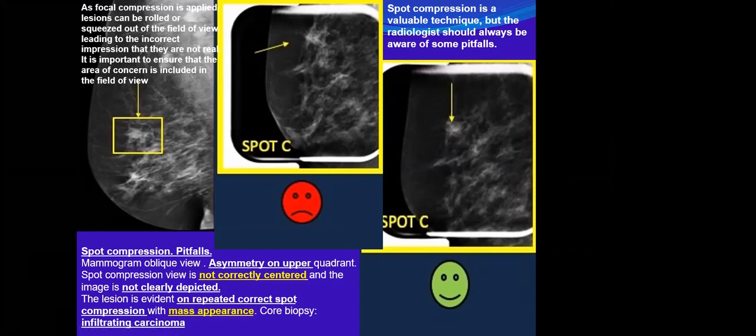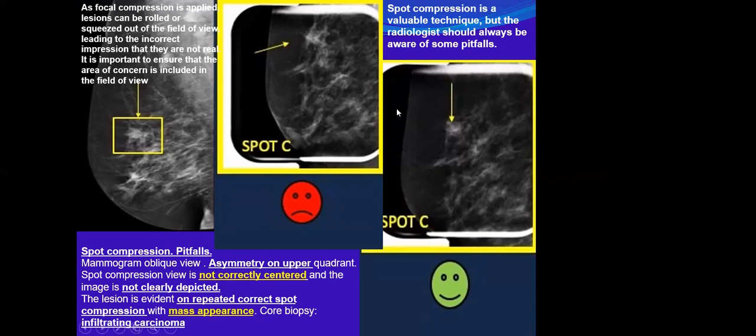So as we said at the beginning, if the tissue of concern is not appropriately placed in the receptor, it might give false impressions, even on spot magnification, not just on the standard view. On a spot magnification, if it is not properly placed, it might give you a not good result and might not be helpful, as we have seen in these examples.